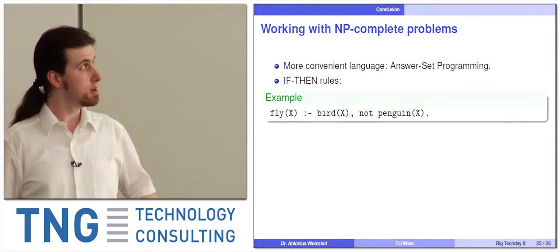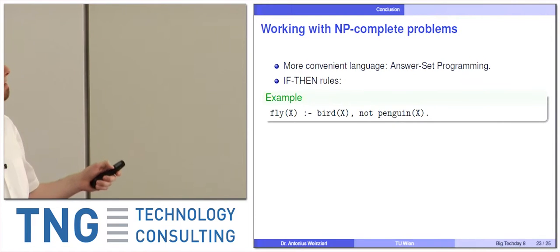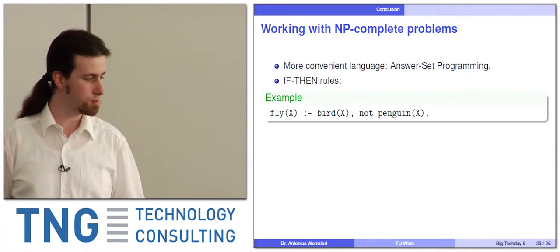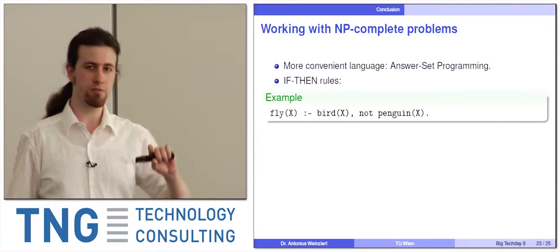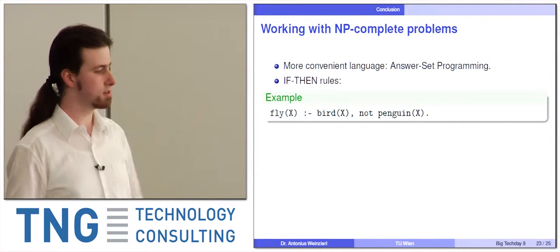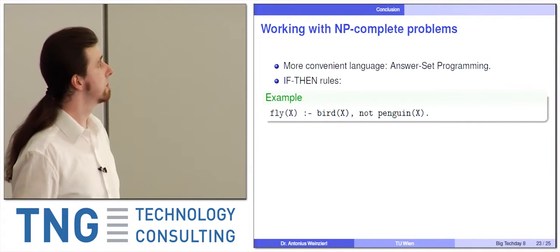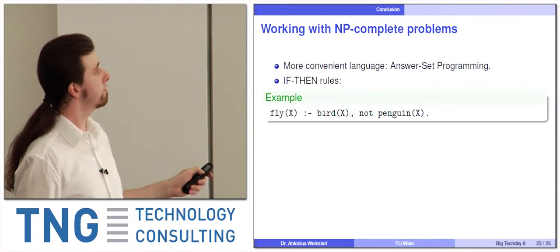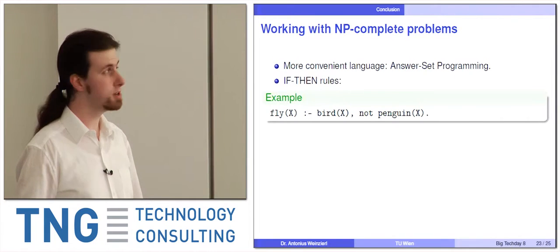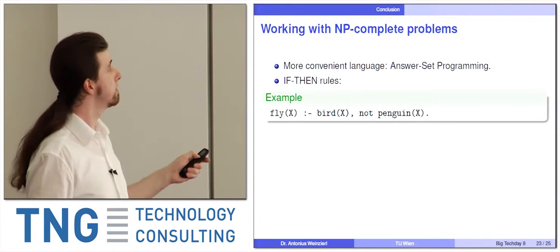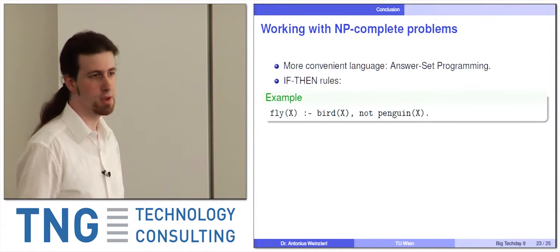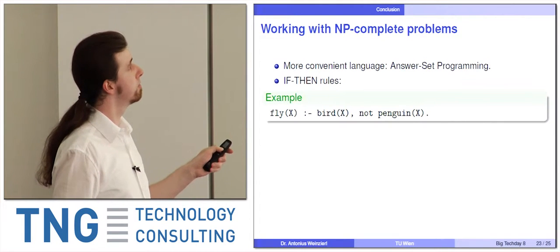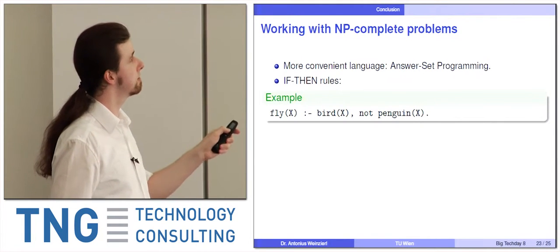What I am doing is I'm working with a more convenient language, which is called answer set programming, where I have everything written down in some if-then rules. So here I have written a rule which says if I have some x and this x is a bird and it is not a penguin, then this x can fly. So if this is true, then this also should be true.